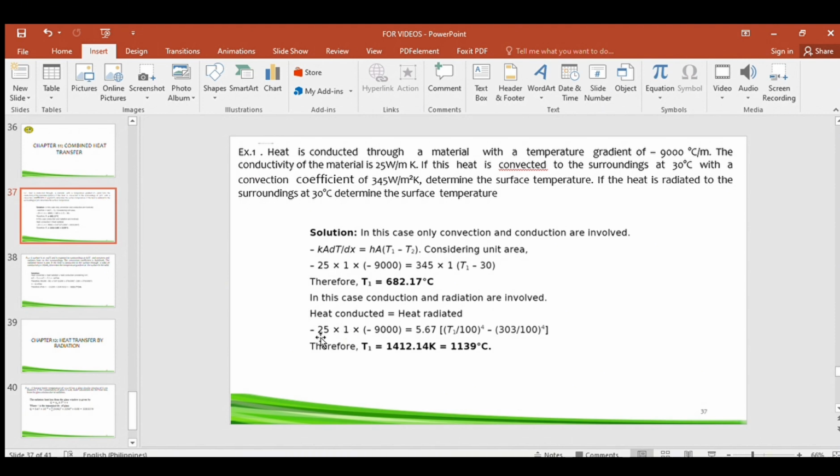Negative 25 as our thermal conductivity multiplied by the temperature gradient equals 5.67 multiplied by the temperature at state 1 over 100 raised to 4 minus 303 over 100 raised to 4, and we get the surface temperature, with the surroundings at 30 degrees Celsius, which is 14 Kelvin or 1139 degrees Celsius.